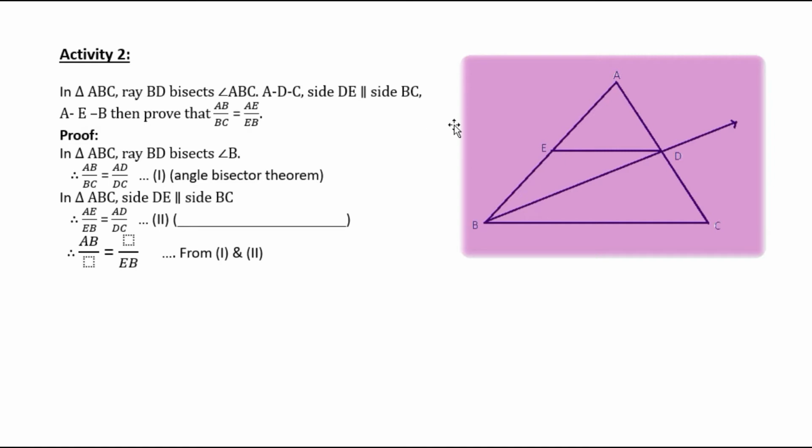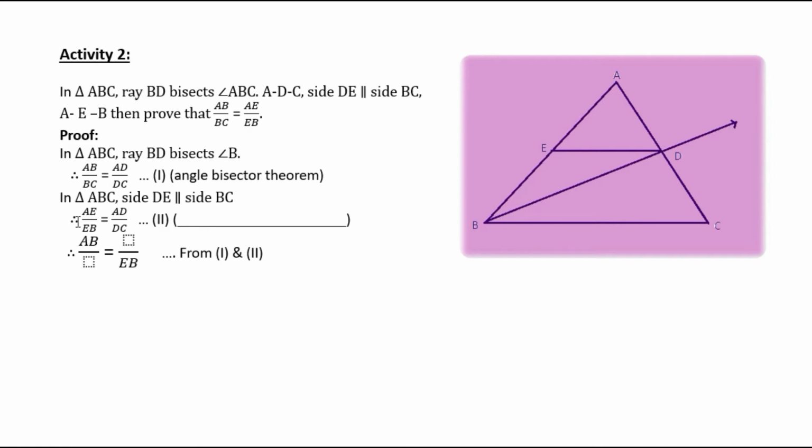A, E, B. Again, A, E, and B are collinear points because they lie on side AB of the given triangle. And finally, we have to prove AB upon BC and AE upon EB are equal. Proof is already given. Only we have to fill in the blanks.